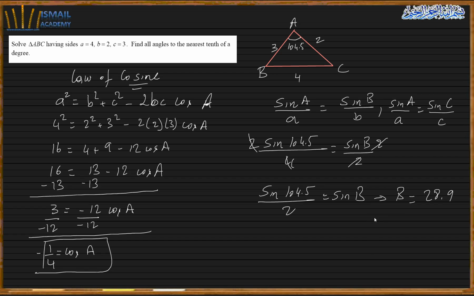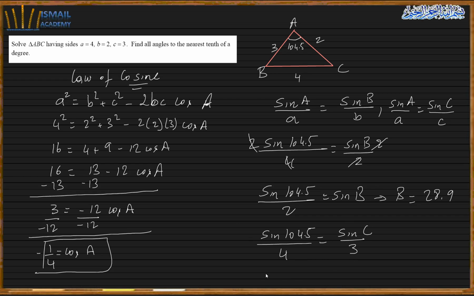I do the same thing with the sine of C. Here I have sine of 104.5 over 4 equals sine of C over 3.